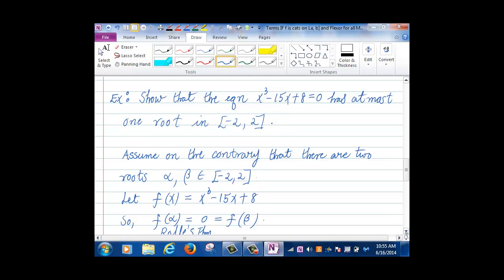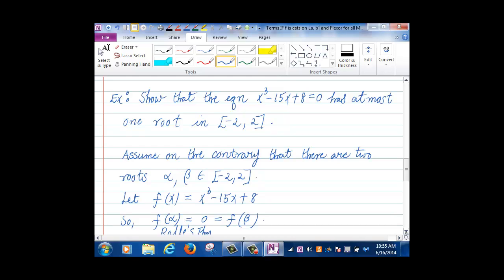So if I say alpha, beta are roots of this equation, wouldn't that mean that f of alpha is 0 and f of beta is 0? Because alpha is the root of this equation means that when I replace x by alpha, I get that the left-hand side is equal to 0, right? Because I'm calling this f of x, alpha is the root means f of alpha is 0.